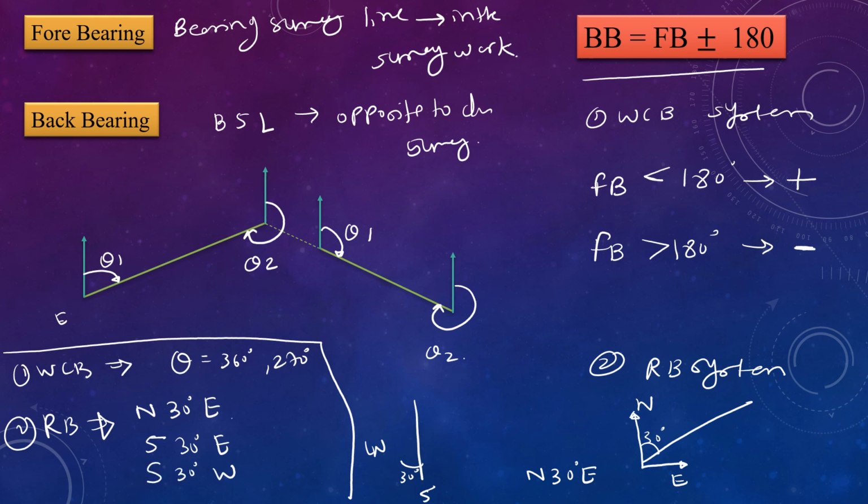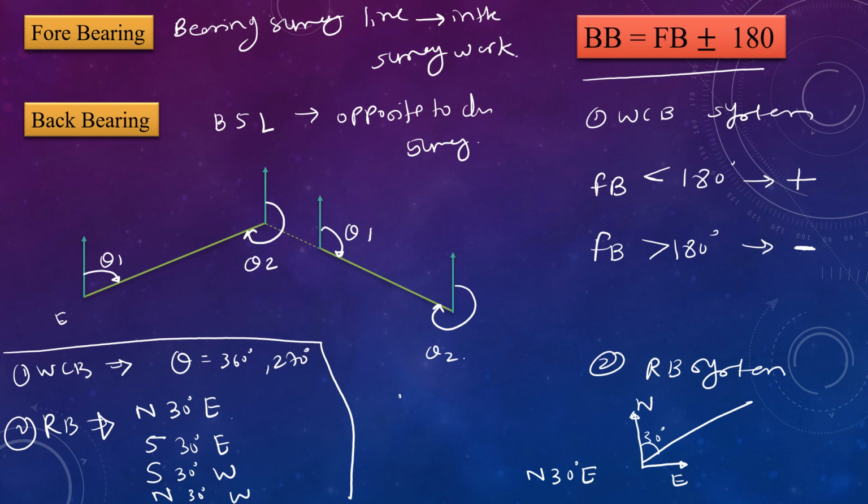Then take the angle in the fourth quadrant like this, near to the north pole. If this is 30 degrees, represent it as north 30 degrees west. So this is how we represent the angles in the reduced bearing.